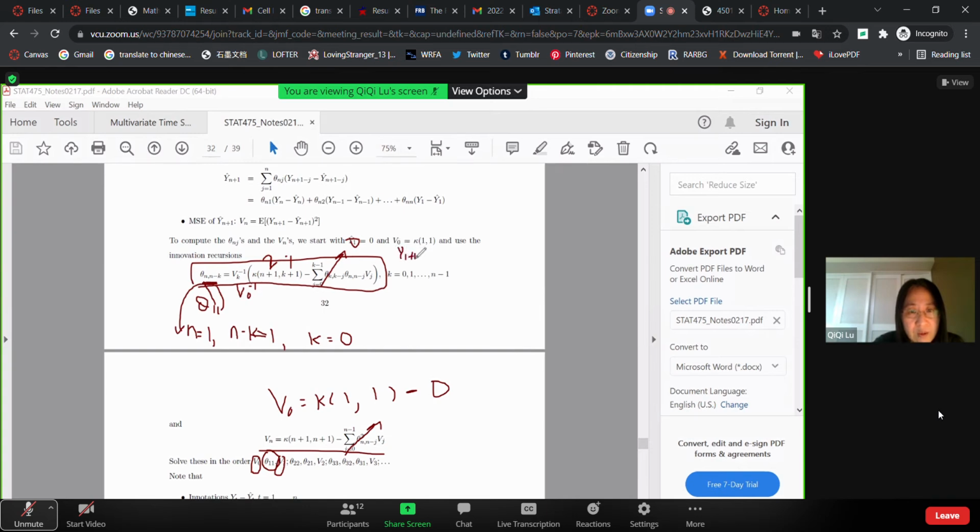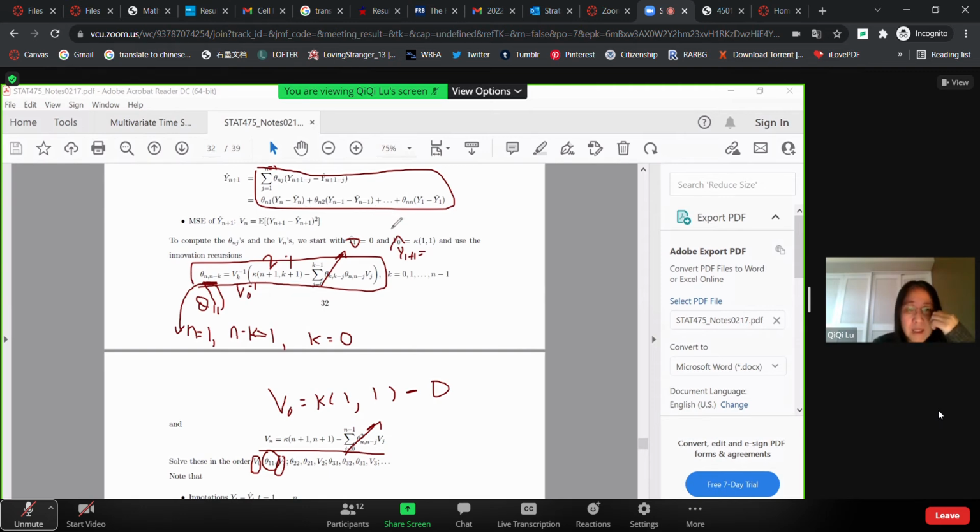Once you found theta 1, 1, in this formula right here, n equals 1, right? So we have only one term, theta n, which is theta 1, 1 times y1 minus y1 hat.